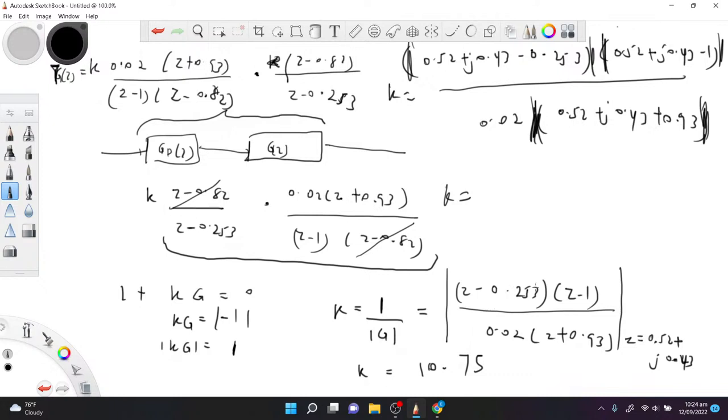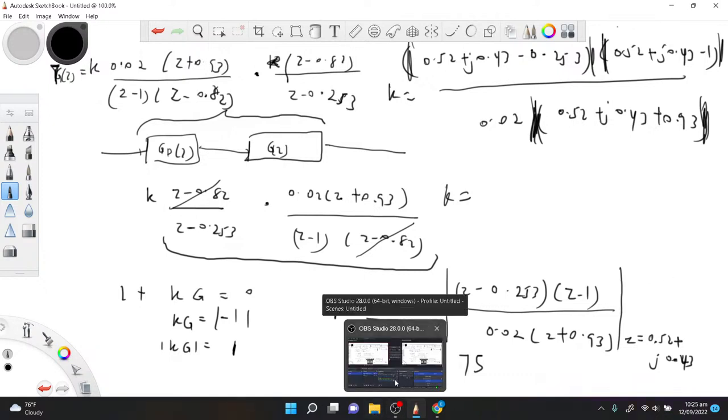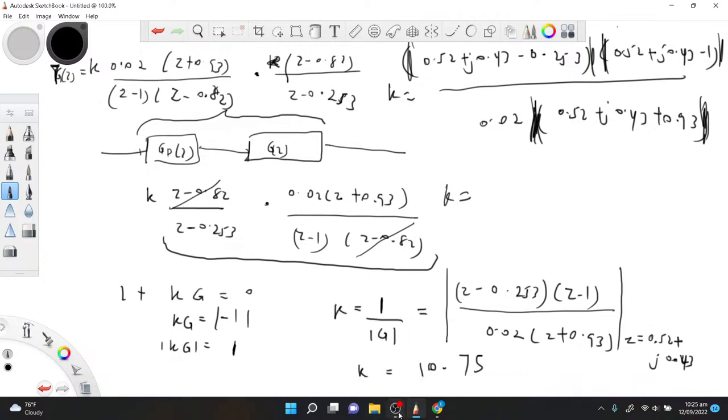So that's the topic we've done in class. The topics: first, we did sampling, then zero order hold. We did Z transform and inverse Z transform.